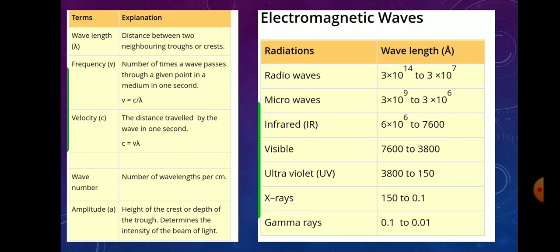Visible with a wavelength of 7600 to 3800 angstrom. Ultraviolet with a wavelength 3800 angstrom to 150 angstrom. X-rays with a wavelength 150 to 0.1 angstrom. Gamma rays with a wavelength 0.1 to 0.01 angstrom.